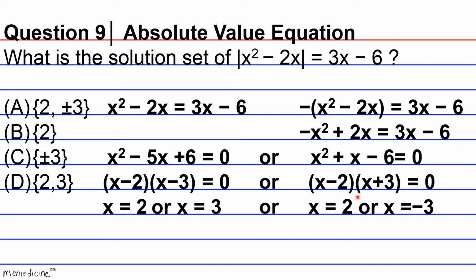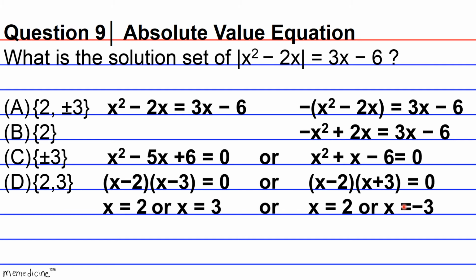This is almost over. Now we're going to check our candidate solutions in the original equation for extraneous roots, because our zero product property is not foolproof. And you're probably wondering, what's an extraneous root? Well, we have this absolute value equation, and we did all this work, and we came up with three distinct roots: 2, 3, and negative 3.